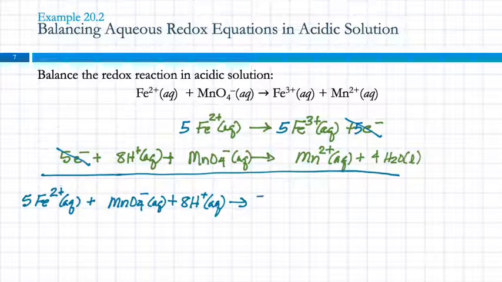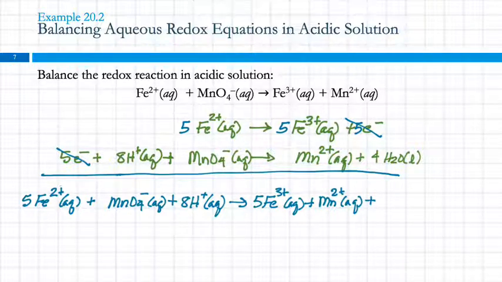And then over here I've got 5 iron 3 ions and manganese 2+ and 4 water molecules.